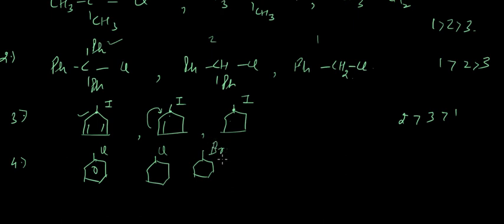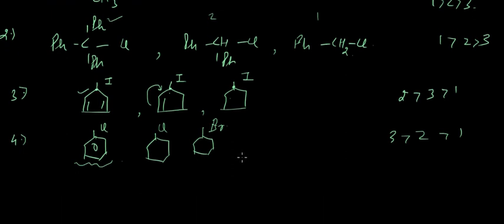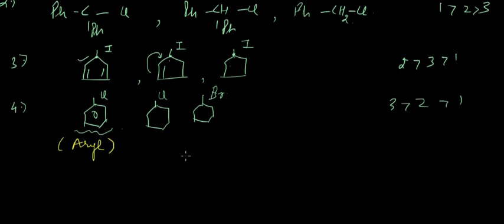Why? Because the size of the bromine atom is more than the size of the chlorine atom, hence negative charge would be more stable in a bigger sized atom due to less electron repulsion. Okay, so 3 would be more stable than 2, would be more stable than 1. And why have we not discussed 1? We don't even need to discuss 1 because it is the formation of a highly unstable aryl cation, so we need not discuss it.